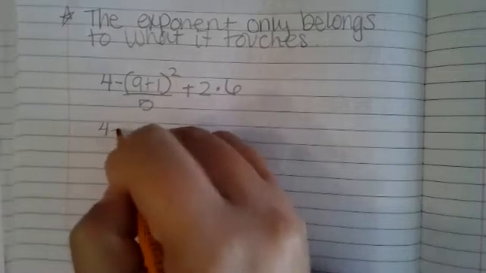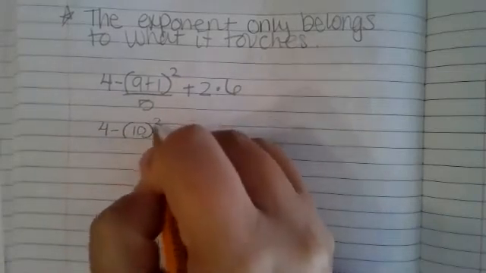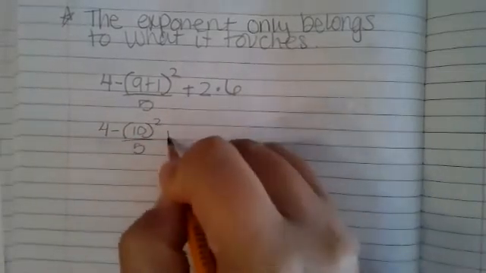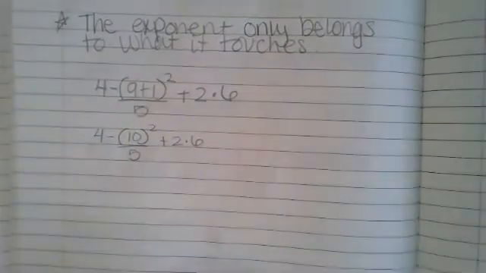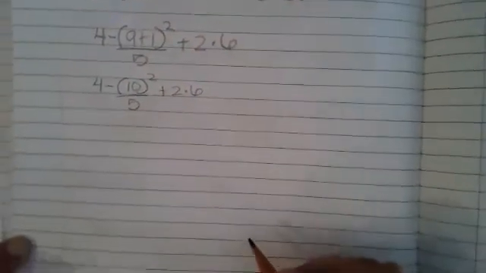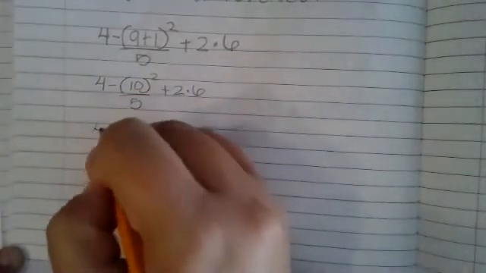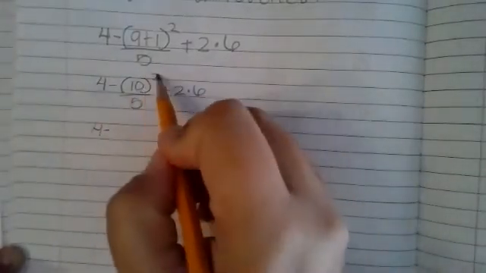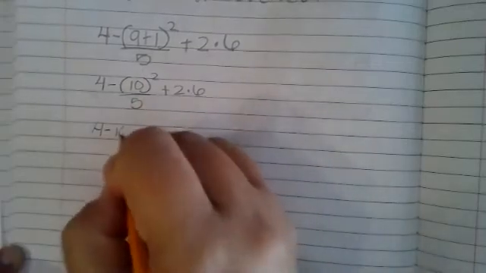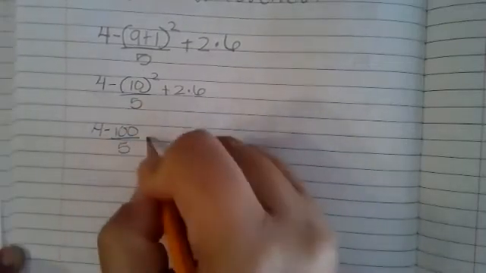So I have 4 minus, this is now 10 squared over 5 plus 2 times 6. Next I need to square this. So I have 4 minus 10 squared, which is 10 times 10, 100, divided by 5 plus 2 times 6.